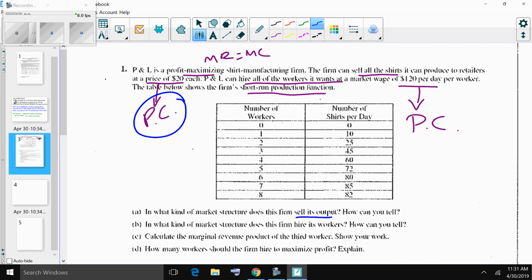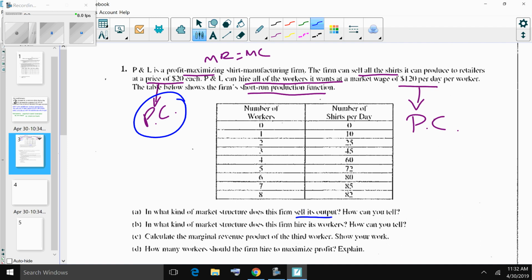Remember, the price is a perfectly elastic line, and they can sell all of the shirts they want without having to lower their price. The price is $20 and they do not change their price to sell additional units. So that is a perfectly competitive market.